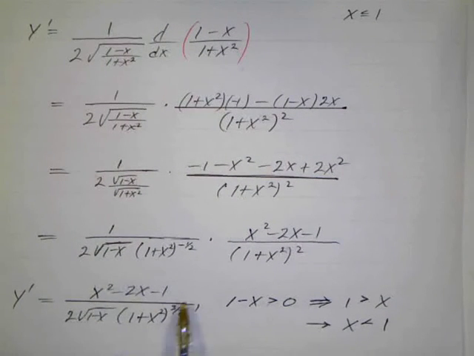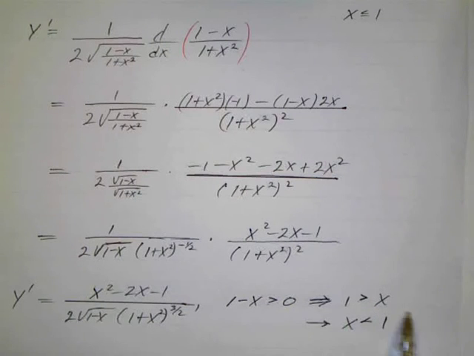So I don't have any trouble with the top. And I don't have any trouble over here because this is always going to be positive because that's x squared. So I'm taking the square root of always a positive. So that's okay. So I just need to worry about this. Now, again, this has got to be greater than or equal to 0. But in this case, it can't even be equal to 0 because then we'd have 0 in the denominator. So we have to say that 1 minus x is greater than 0, not just greater than or equal to 0, which implies that 1 is greater than x or x is less than 1, so that's your domain.